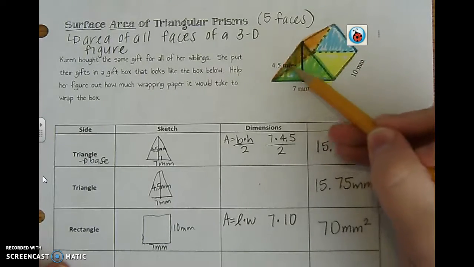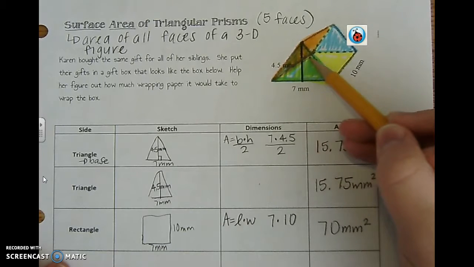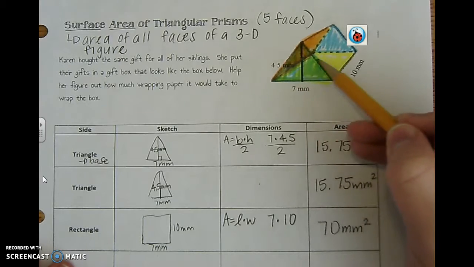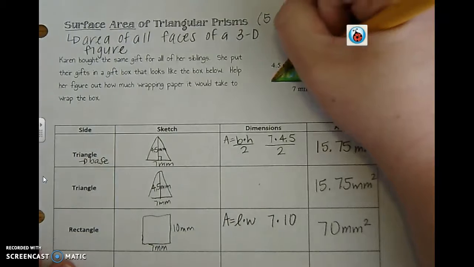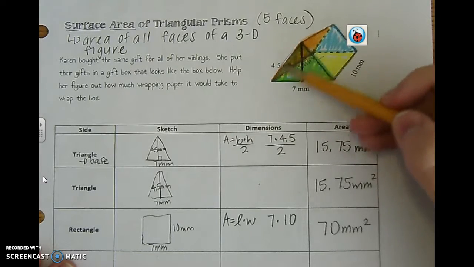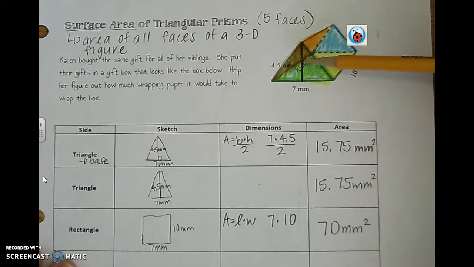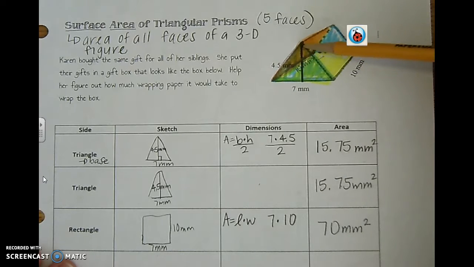If I look at this bottom length right here, I'm going to look and see what's parallel to it so I can figure it out, just like we did yesterday. This side is the same as 10 millimeters. So this side over here is also 10 millimeters. Then I need this side up here. It's common to want to use this 4.5 because it looks like it's on that side, but the 4.5 is the height, which is in the middle of this triangle.